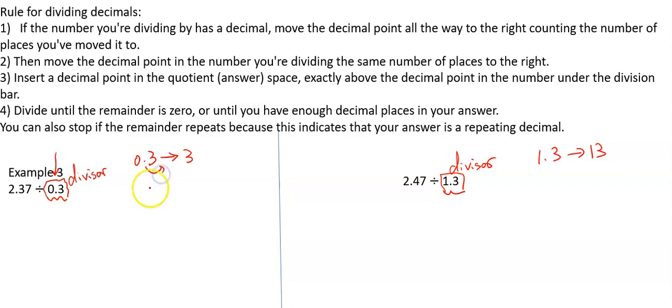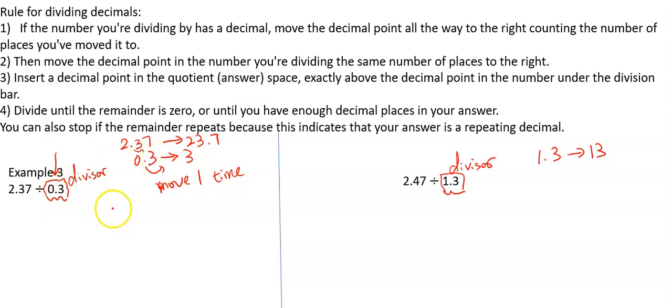Apparently 1 time. So in the first number, which is called the dividend, we also move the decimal point 1 time, which gives us 23.7.